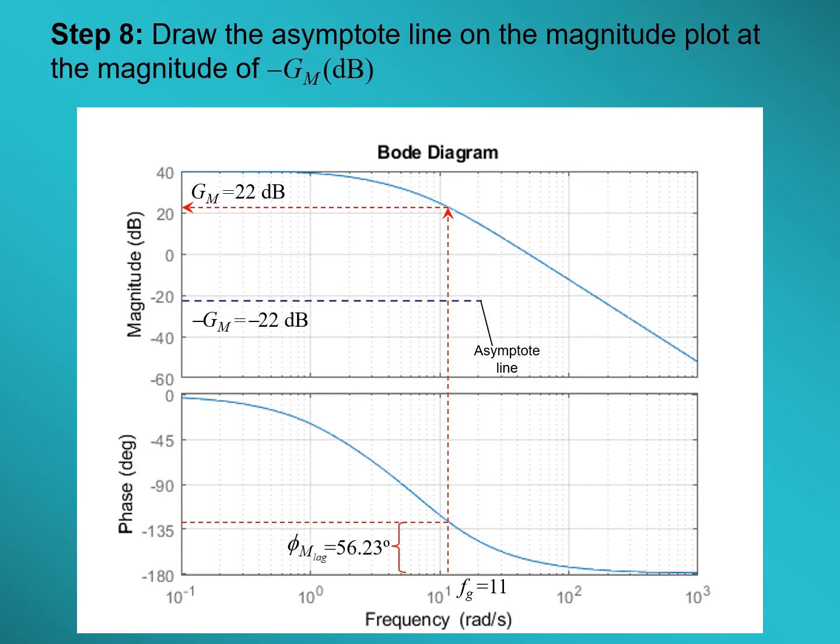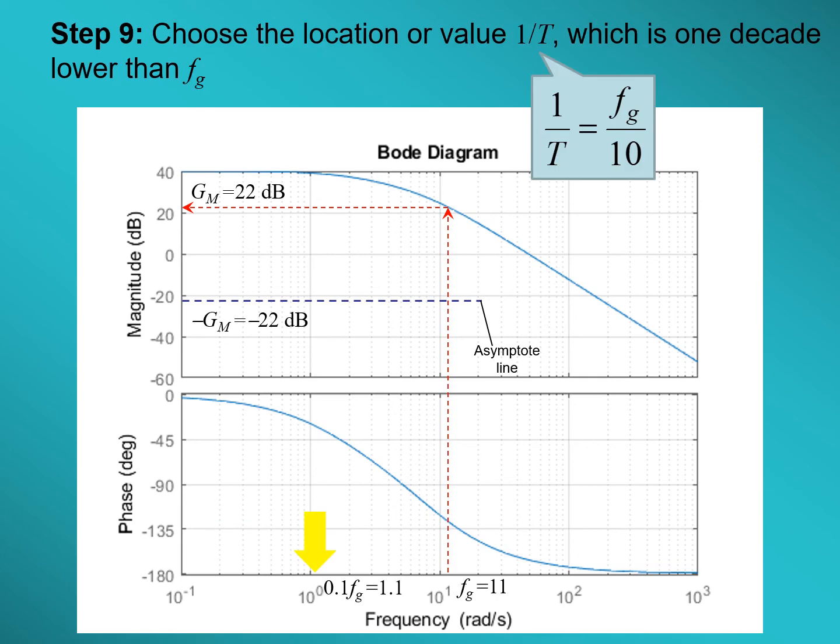Step number 8, draw the asymptote line on the magnitude plot at the magnitude of minus Gm, so minus 22 dB here. That will be the asymptote line. Step number 9, choose the location of 1 over T, which is 1 decade lower than Fg. Fg is 11, so 1 decade lower is 1.1.